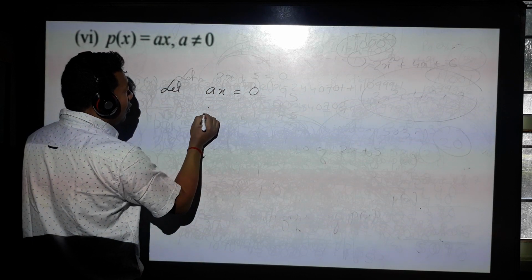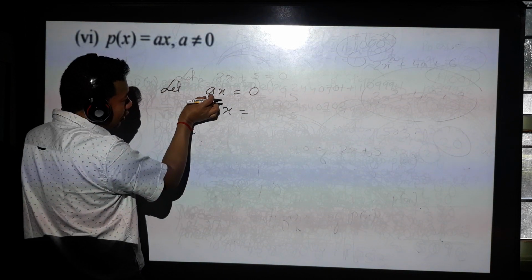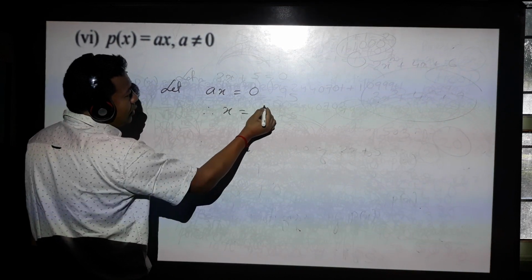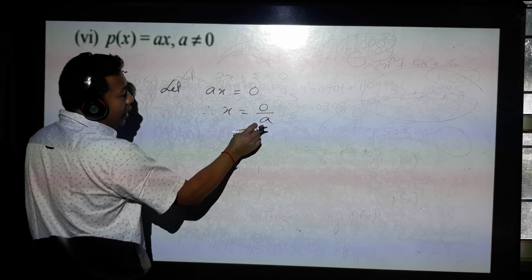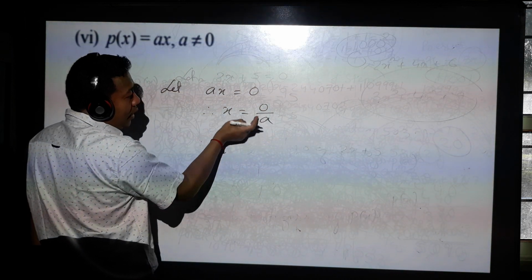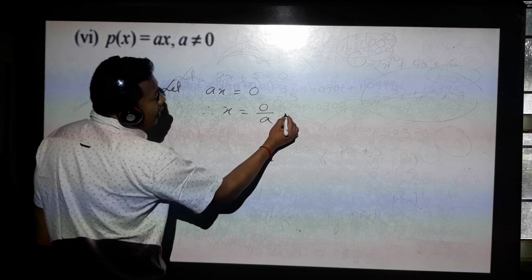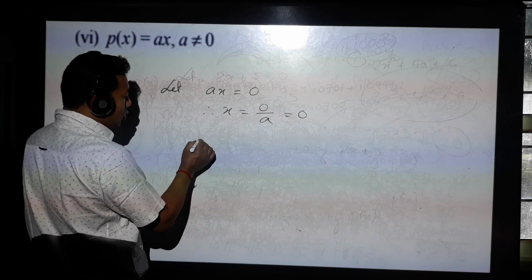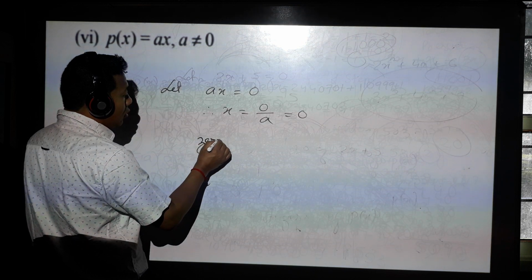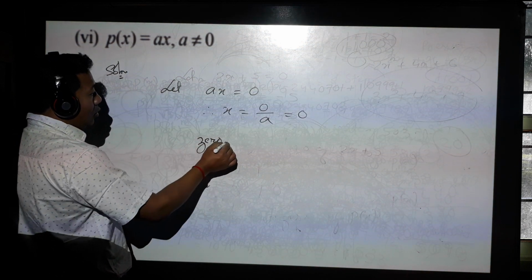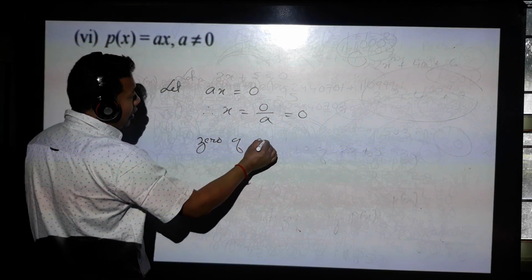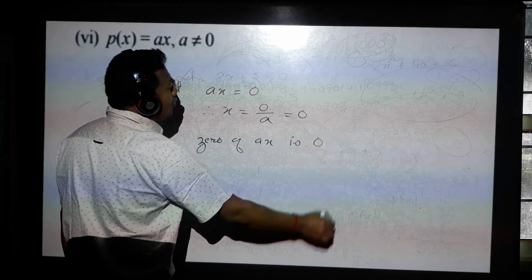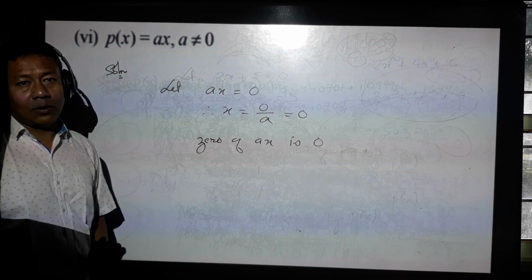Therefore, x equal to, if I transfer this a to this side, you get 0 by a. And a is not equal to 0. Therefore, 0 divided by any nonzero number, you get 0. So the zero of ax is 0 because the value of x is 0.